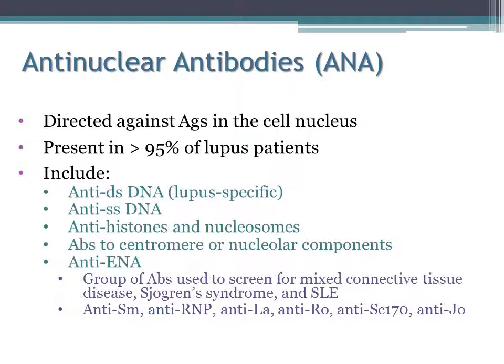So it's a little bit of a misnomer, but that's okay. The name stuck. So this anti-ENA panel is sometimes ordered to screen for connective tissue disorders such as lupus and Sjogren's syndrome and some other ones. So the anti-ENA is a panel, and the others are relatively specific diagnostic tests.